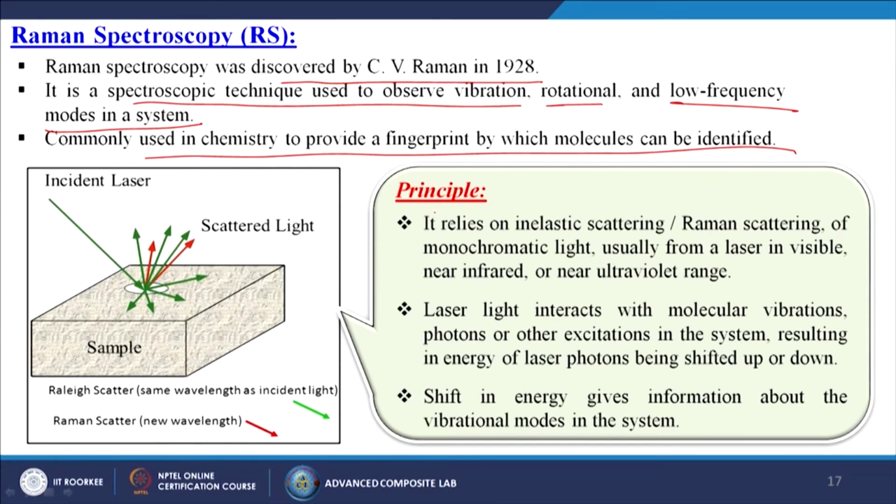So, what are the principles? It relies on inelastic scattering, or the Raman scattering, of monochromatic light, usually from a laser in the visible, near infrared or near ultraviolet range.